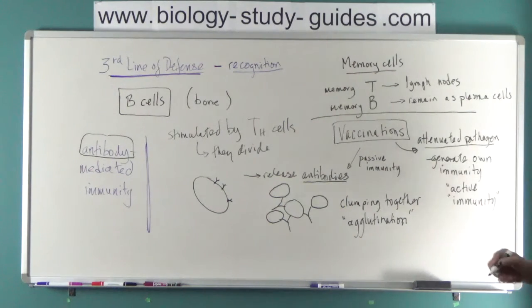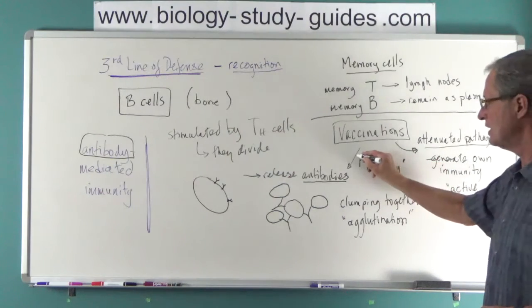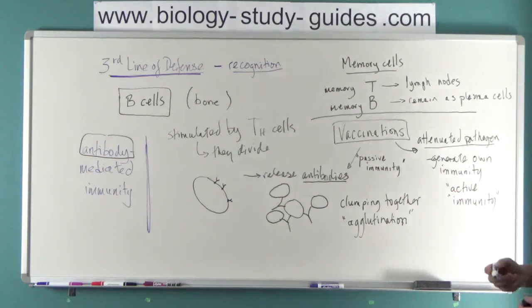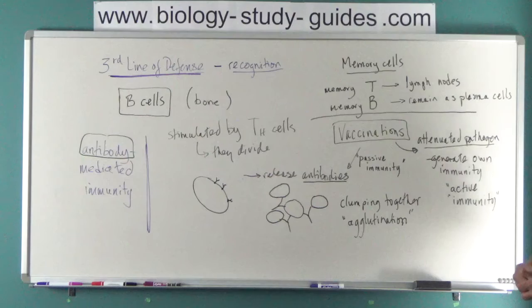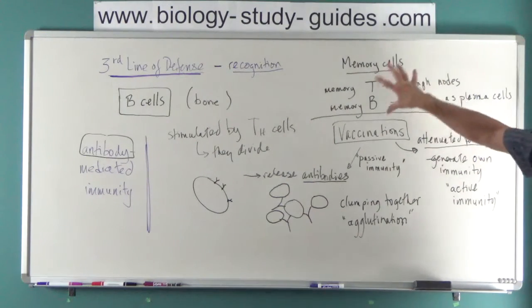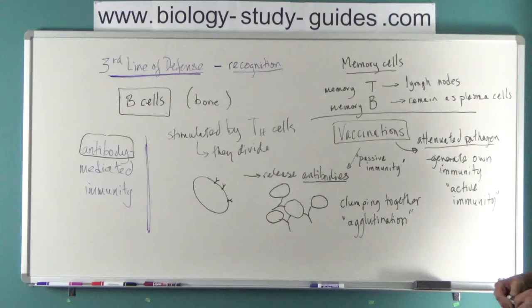Active immunity is much better than passive immunity because you own it. It's part of you. Passive immunity, it only lasts as long as the antibodies last. Active immunity, it's with you because you've got your own memory cells and all that system is totally set up.